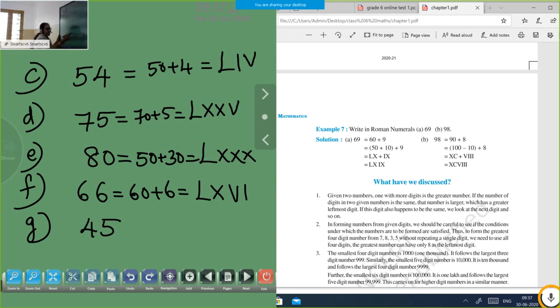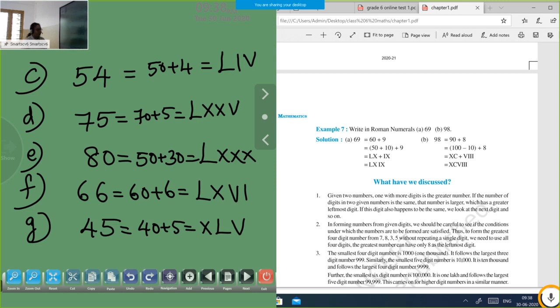LX means 60, then VI. 45. How to write 45? 40 plus 5. 40 means X, L. L is 50. If you write 10 on the left side, that represents 40. Then 5.